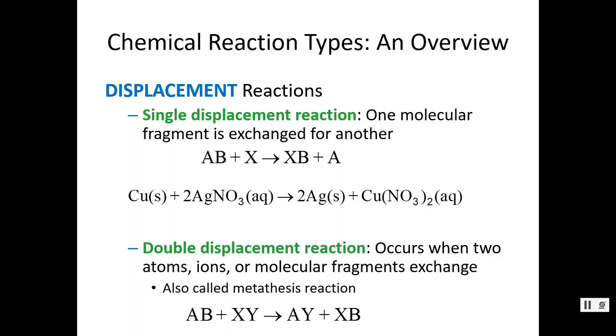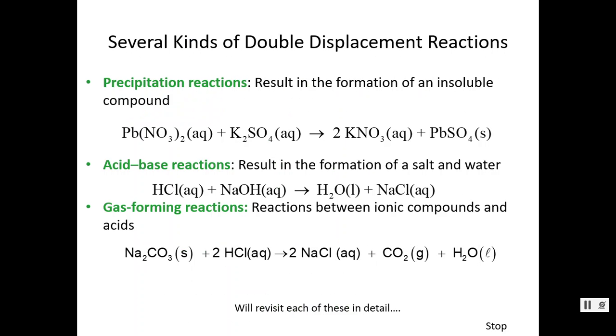In a double displacement reaction, the cation from one species pairs with the anion, or the negative charge, from the second species. So we can generically say AB plus XY gives you AY plus XB. So those double displacement reactions, also called metathesis reactions, everybody switches partners in those types of reactions.